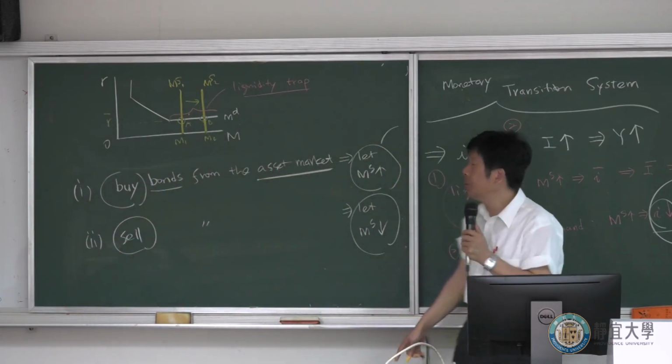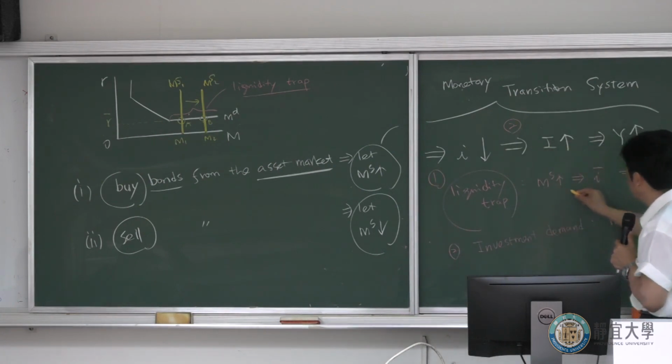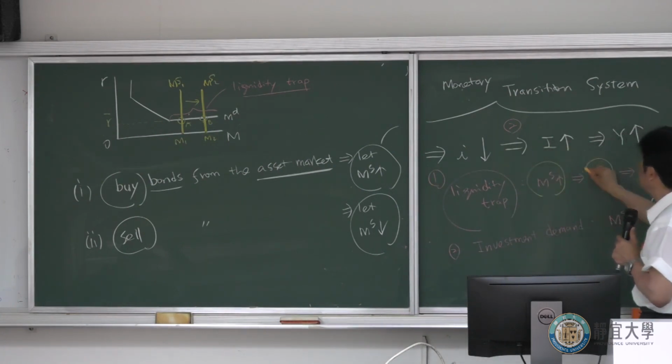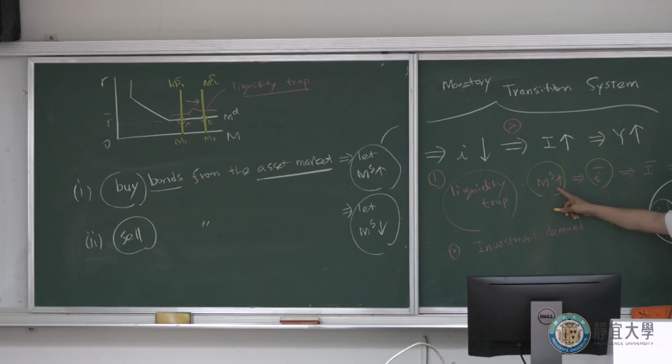This represents the money supply shifting from MS1 to MS2, but the interest rate is constant.